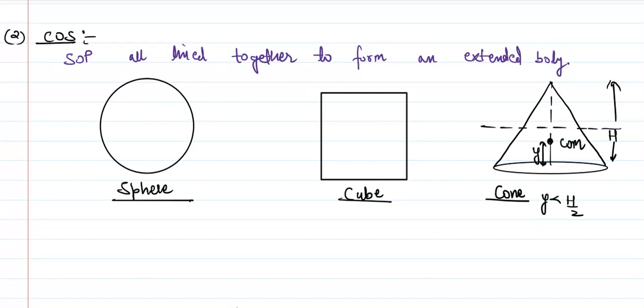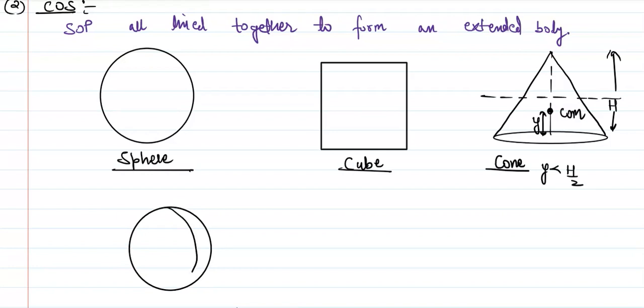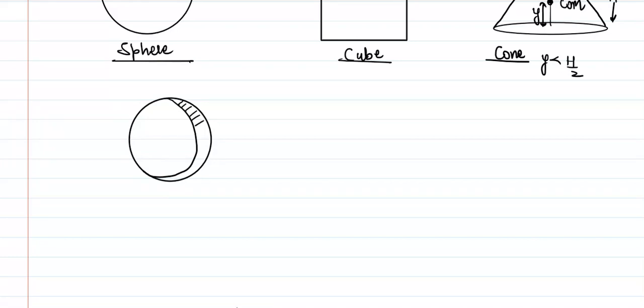Suppose we have a disk. Now a disk is a uniform body. That means the center of mass will lie at the center, at a distance r from every particle.